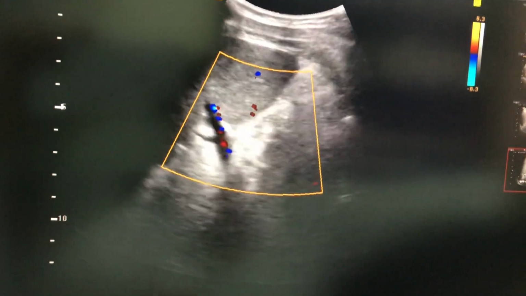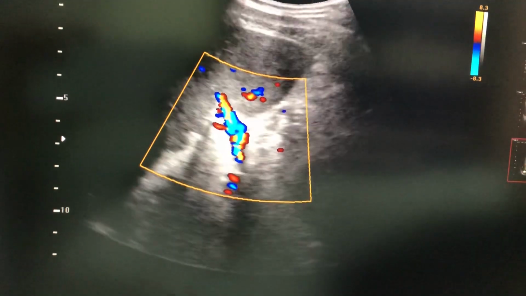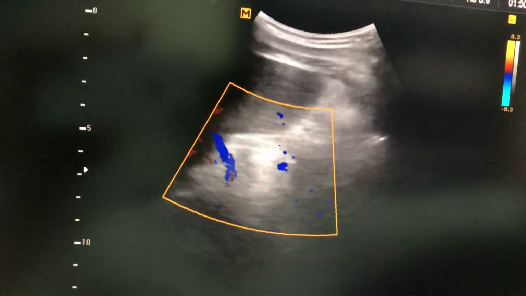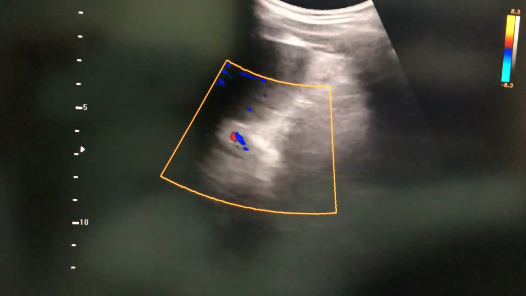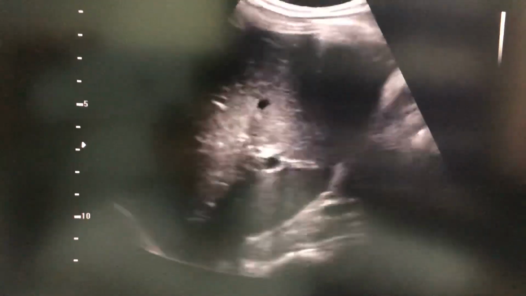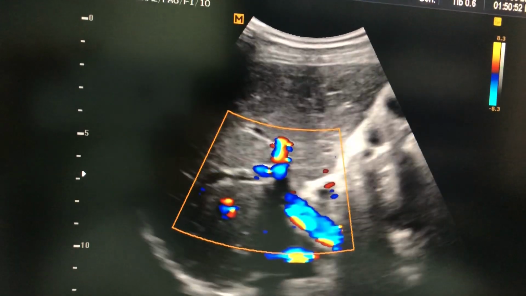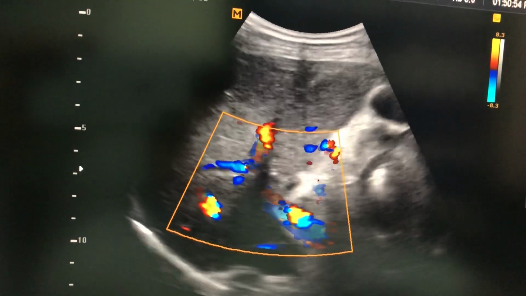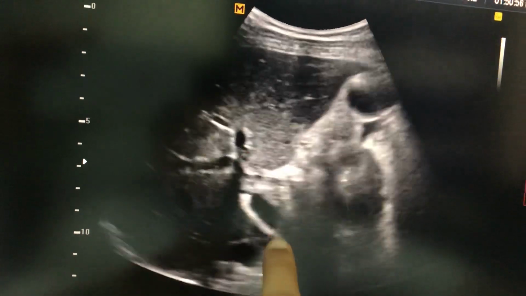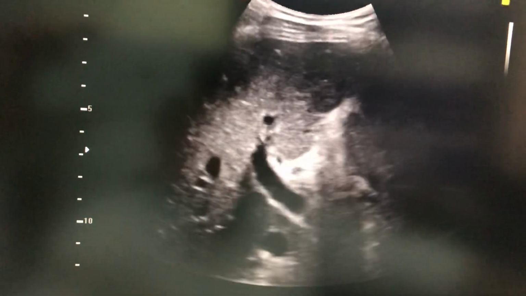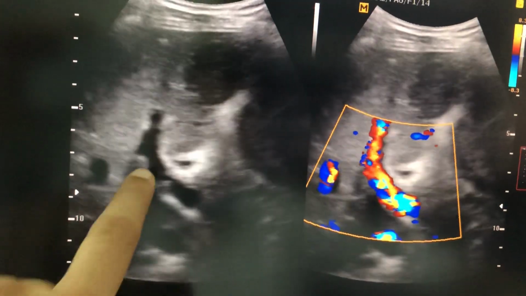It is showing color flow. This portal vein is also patent. It is showing color flow. This is the portal vein.